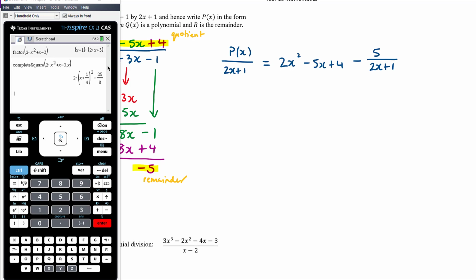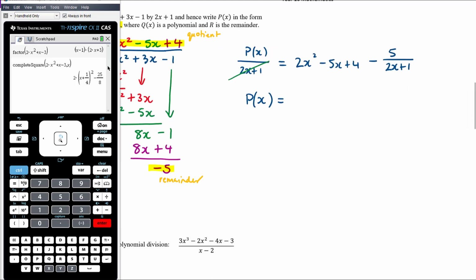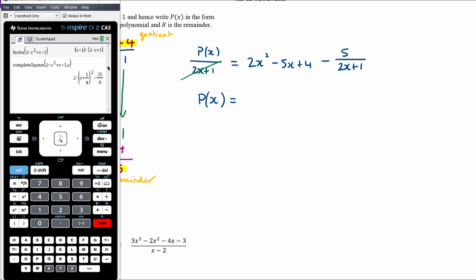When we multiply the left-hand side by 2x plus 1, that's simply going to cancel that out. P of x divided by 2x plus 1 and then times 2x plus 1 gets rid of that. That's how we get p of x on its own, by multiplying everything by 2x plus 1. Then we're going to multiply the quotient by 2x plus 1. Sorry, minus 5x. So I might write it at the front actually. 2x plus 1.